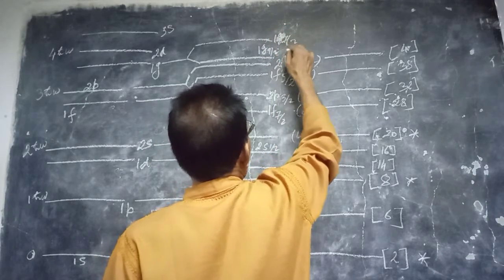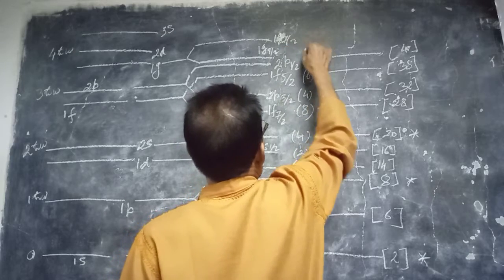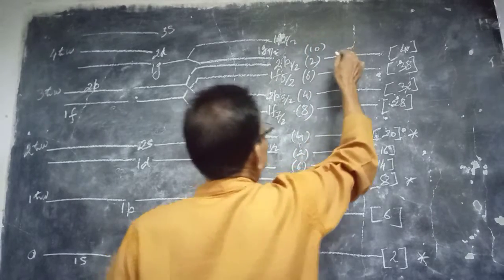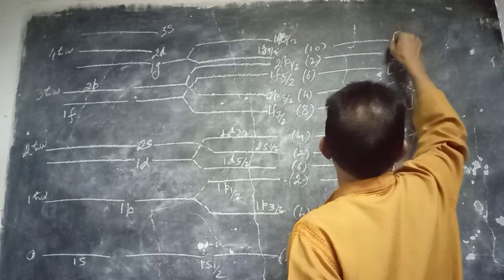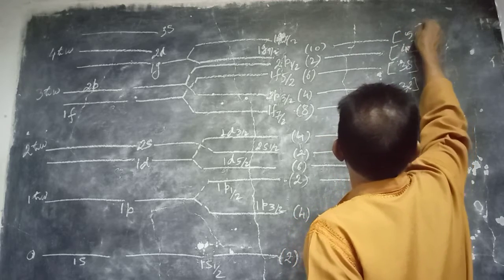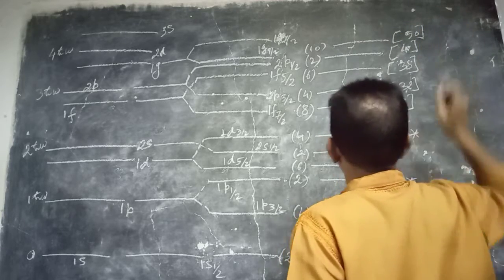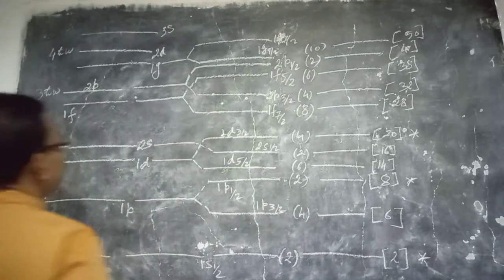And this 9/2 means here you get 10, then the 50 will appear here. In this way, the sequence goes. There is no space to draw.